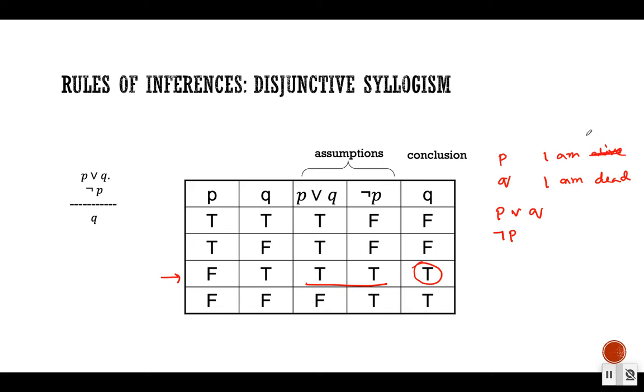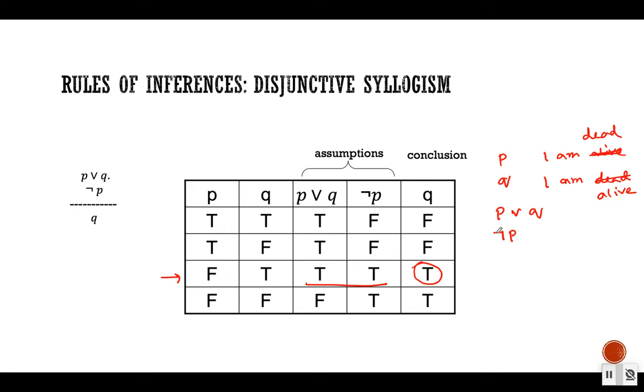Let's use this example instead: P stands for I am dead. I don't want to be dead so quick, that's why I'm just changing this statement. P stands for I am dead and Q stands for I am alive. So P or Q stands for I am dead or alive. Either any one of them has to be true.